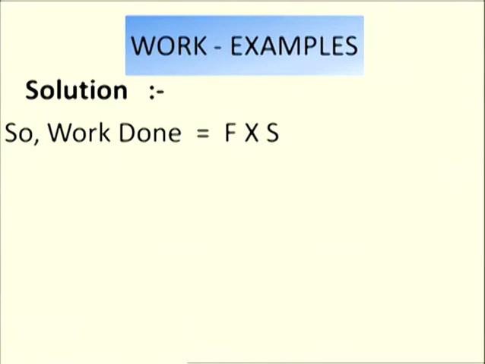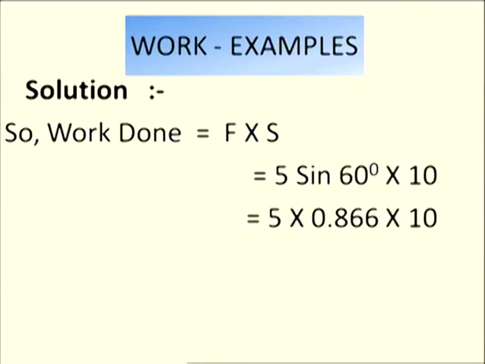Work done is equal to F into S. So that is 43.3 kilonewton meter, which is 43.3 kilojoule.